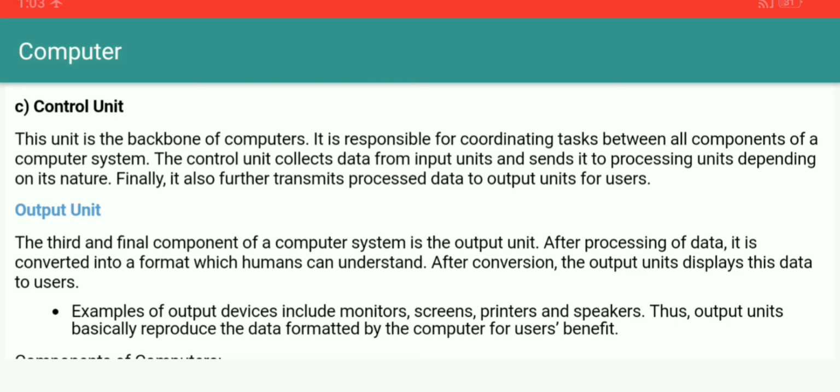The third and final component of a computer system is the output unit. After processing of data, it is converted into a format which humans can understand. After conversion, the output units displays this data to users.